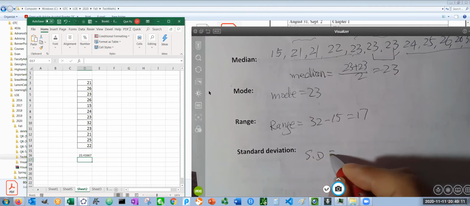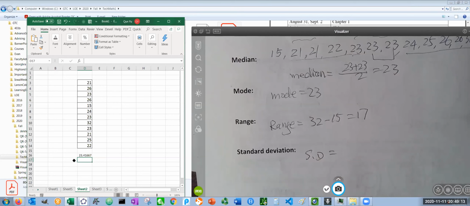Standard deviation. Let's get rid of this. STD equals. You don't have to type this STD. It's just a label for you to see because I'm recording this video. Use STD and make sure to select sample.